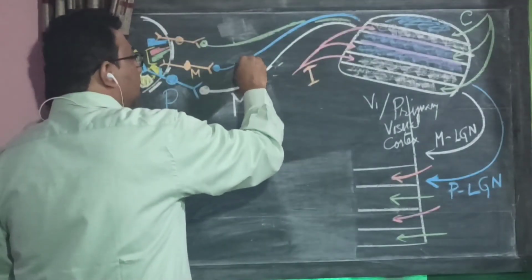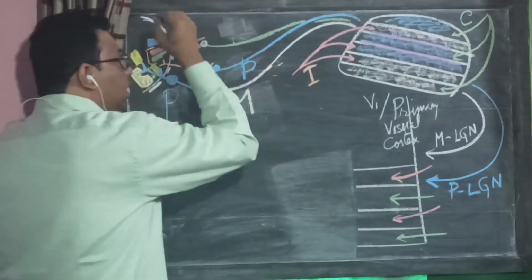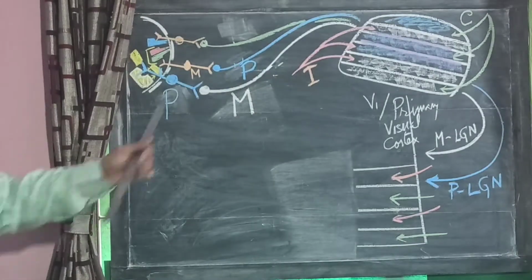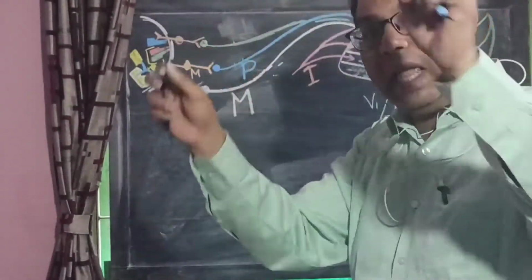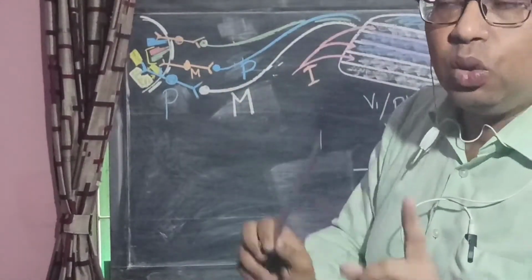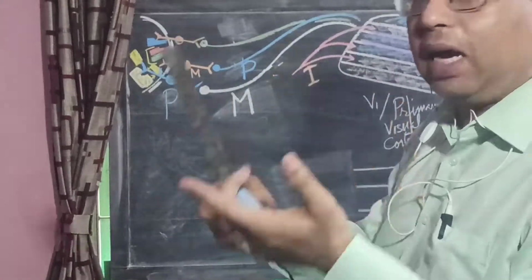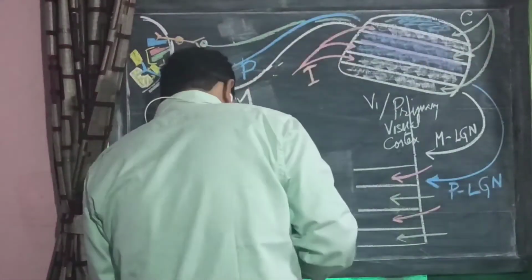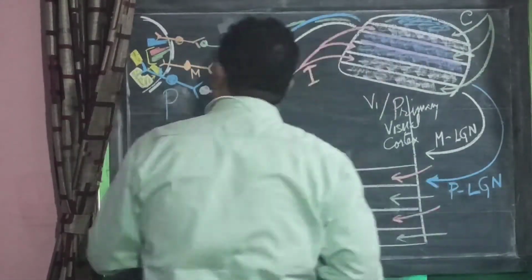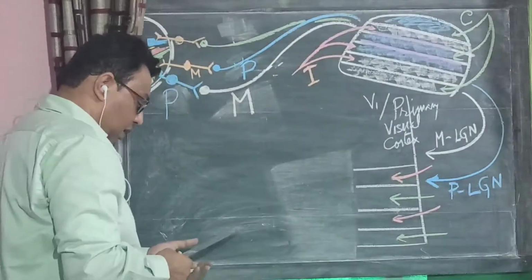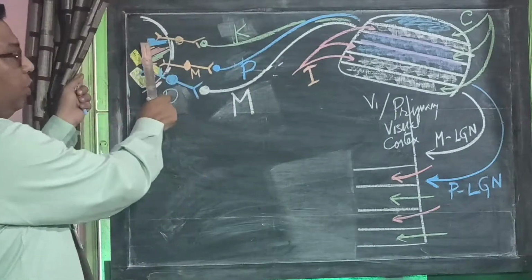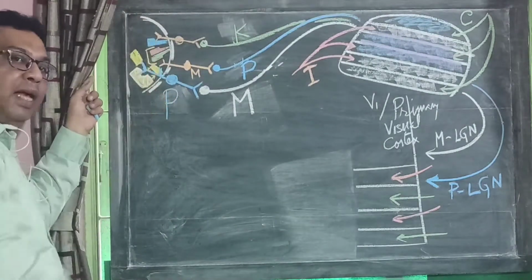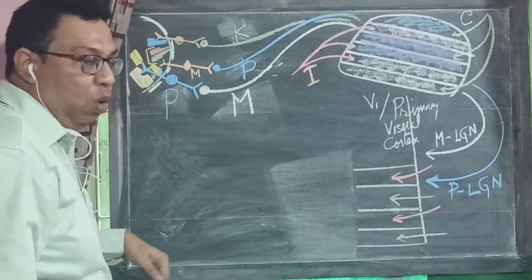This dedicated pathway is the parvocellular pathway. Parvocellular pathway therefore contributes to the sensation of color and to the acuity of vision. So it provides form and color sensation. Then we have the koniocellular pathway, which is a contribution from the S cone.